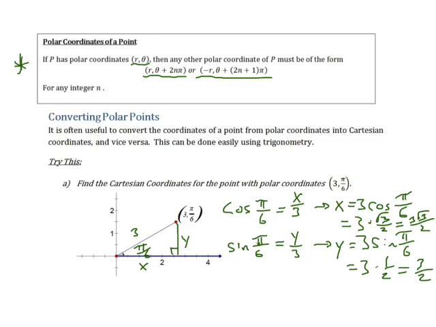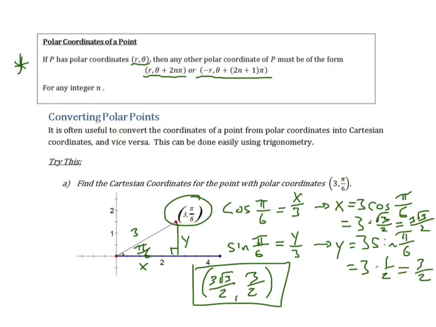So our final answer is that the Cartesian, or rectangular, coordinates are 3 root 3 over 2 and 3 halves. So in polar coordinates, we have 3, pi over 6. In Cartesian coordinates, we have 3 root 3 over 2 and 3 halves. That would be our x and our y.